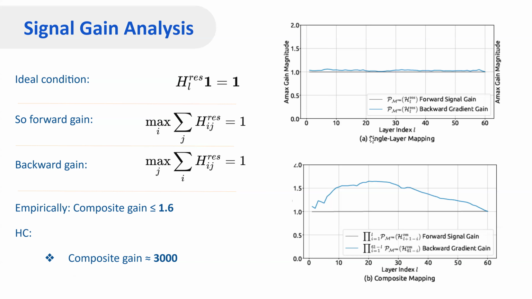As you can see here, for a single layer we don't have any problem, but for the composite mapping, for HC it was 3000, but here it's about 1.6. And in forward and backward signal gain, you can see these two things.